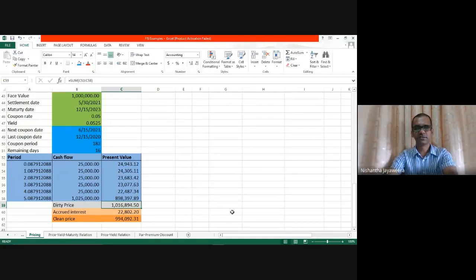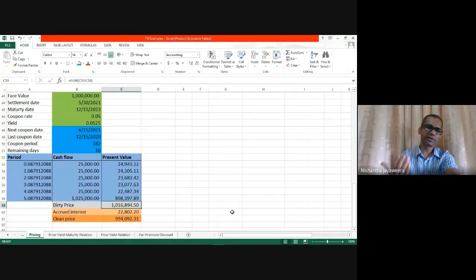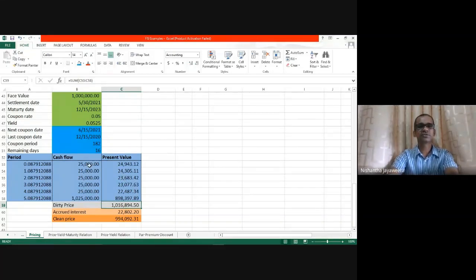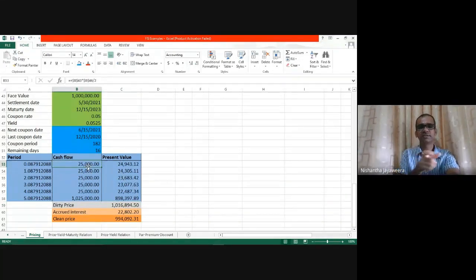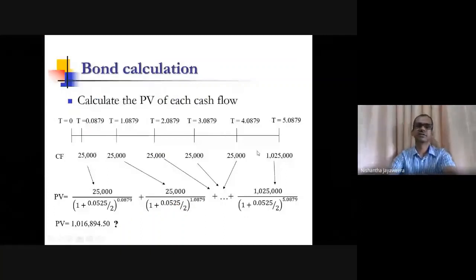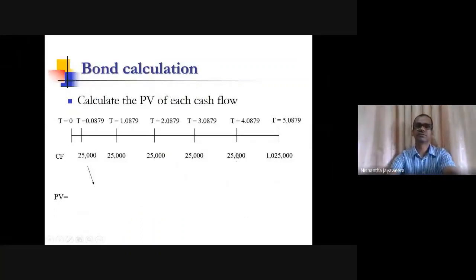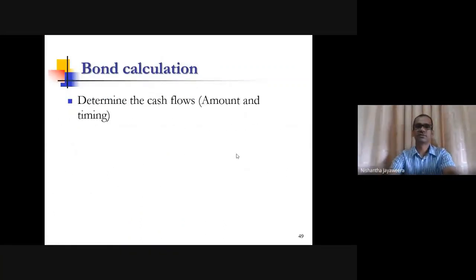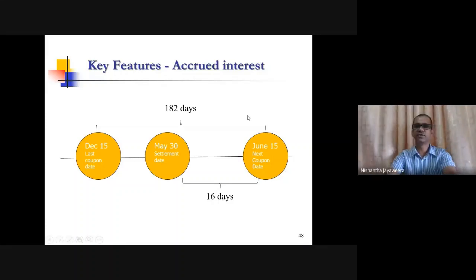Why? We have accounted for the next coupon, which includes the accrued interest part. We use the cash flow which is to be received on June 15th and we discount it.